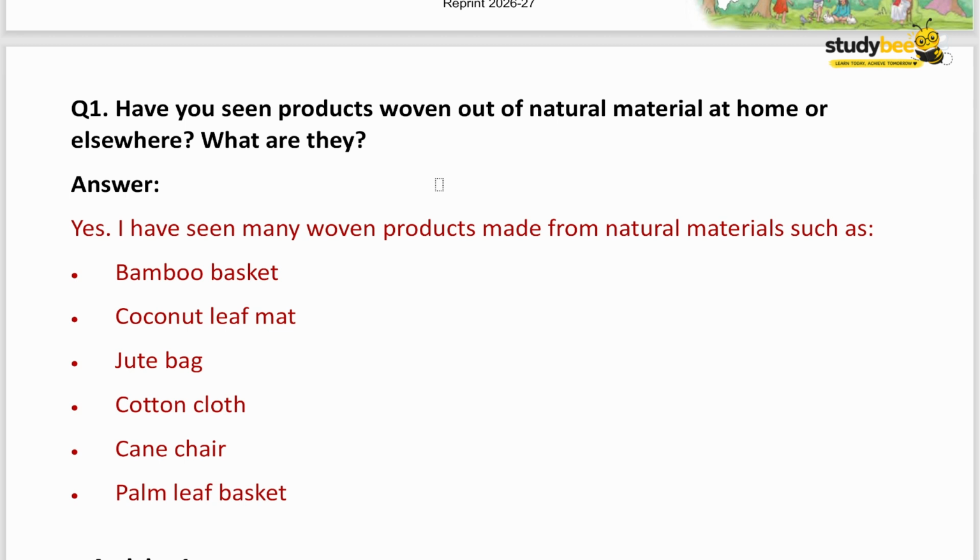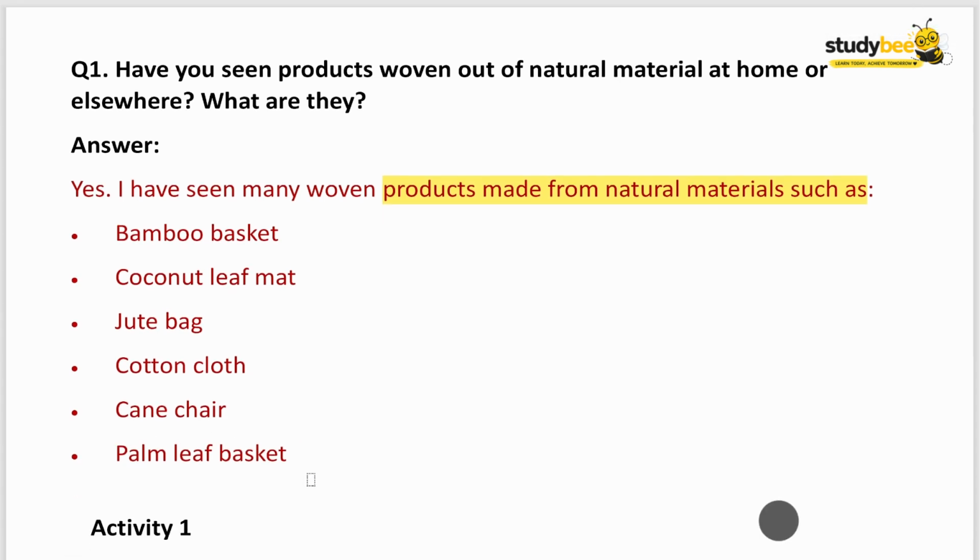Yes, I have seen many woven products made from natural materials such as bamboo basket, coconut leaf mat, jute bag, cotton cloth, cane chair, palm leaf basket. You can easily see these items in your home, and these are woven using natural material.